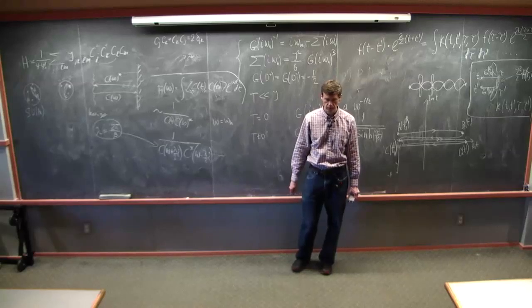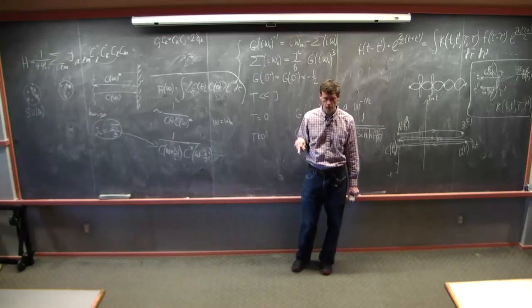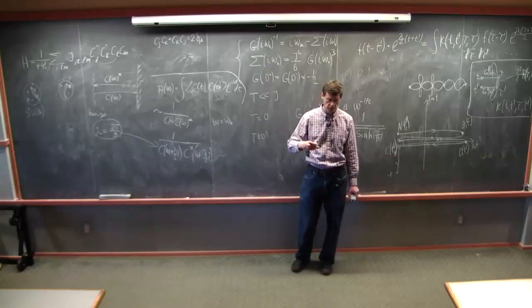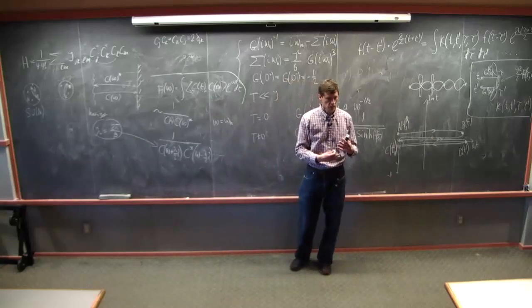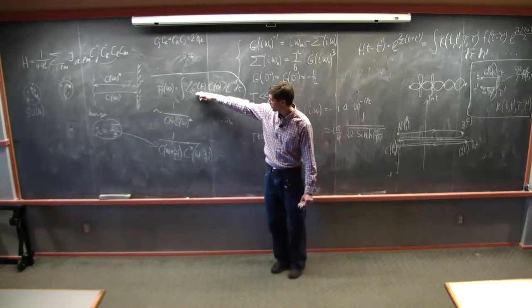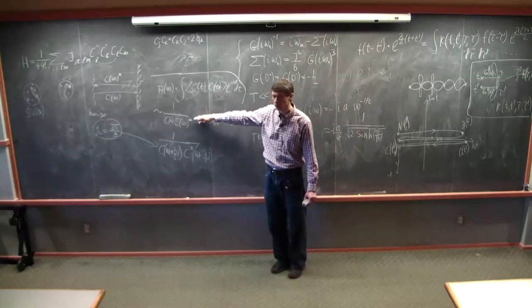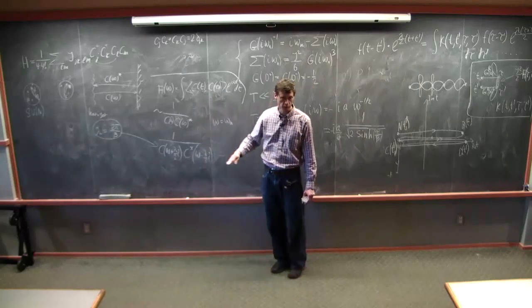It's the Fermi factor, 1 over e to the omega over T plus 1. And this factor has zeros at the same places as the previous function has poles, and they cancel. So if we use the decomposition of this function instead of the spectral density, there will be no singularity at all.